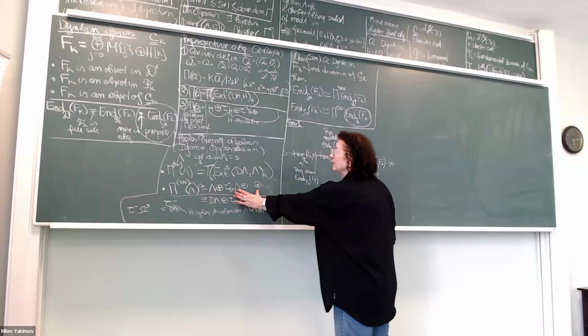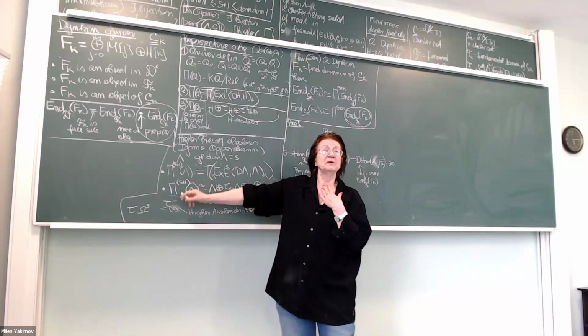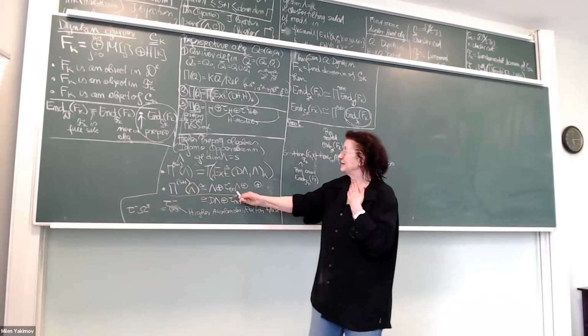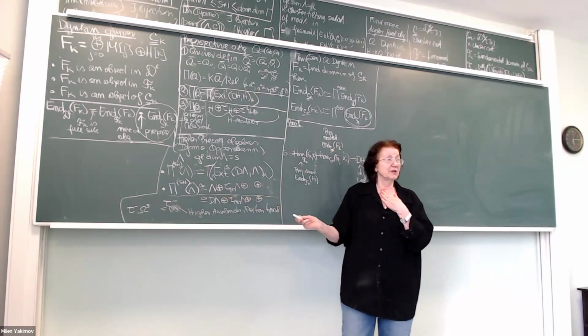So now I'm just going back to that. A projective over the preprojective algebra is the sum of the projective and shifts of the projectives.